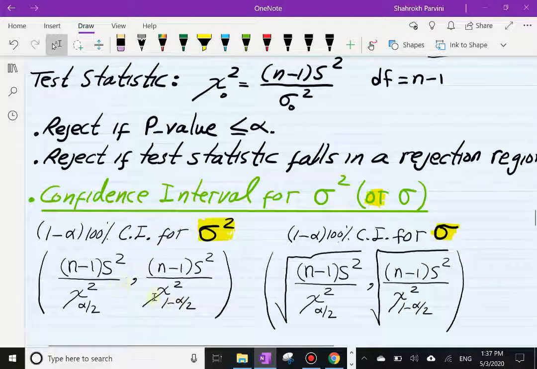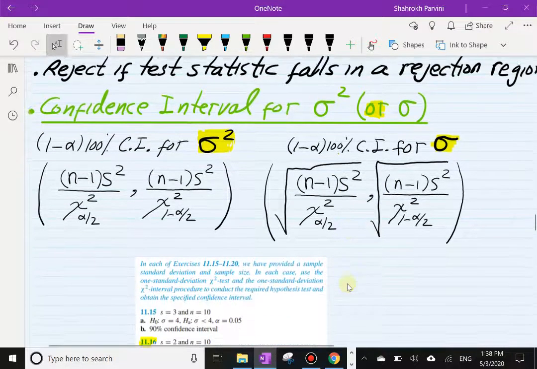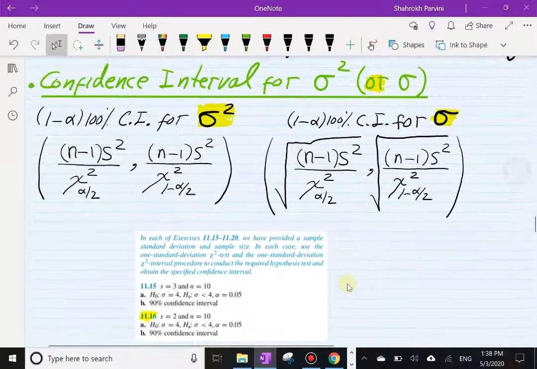Now, to convert this into a confidence interval for standard deviation, because sigma is the square root of sigma squared, right? Standard deviation is when you take the square root of the variance. So from this, we get a similar formula with the square roots. And there you go. Now we can do our exercise.